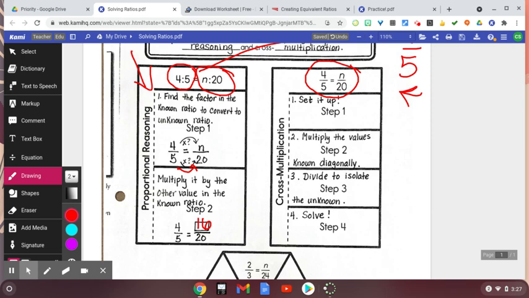What's really cool is that you multiply only the values that you can see diagonally. If I take a look at 5 and n, I can't multiply those because I don't know what n is. But the two numbers I can multiply are 4 and 20, and that's going to be 80.